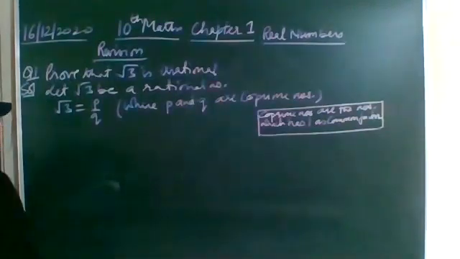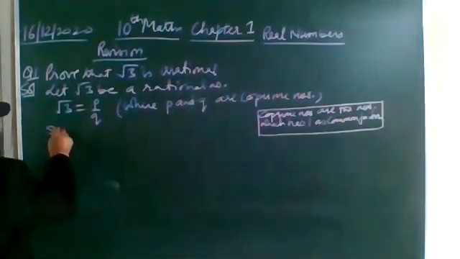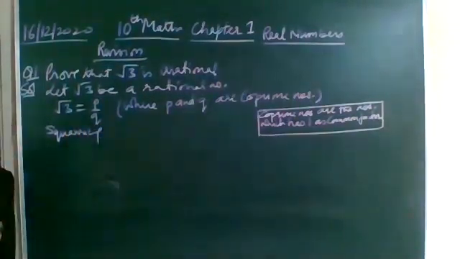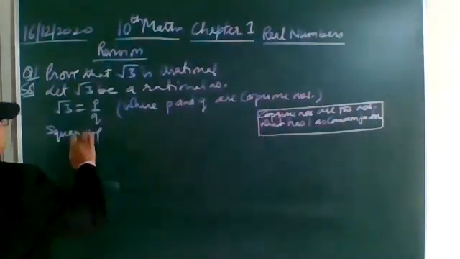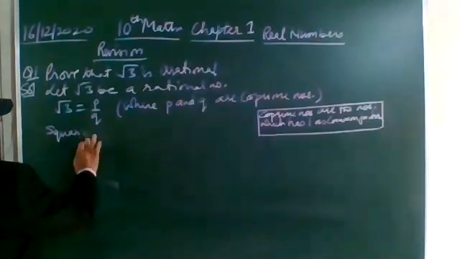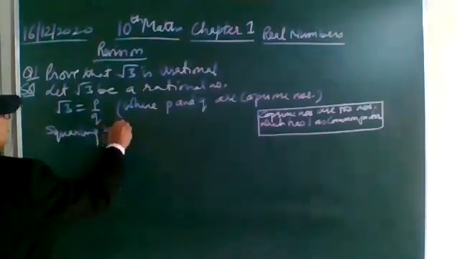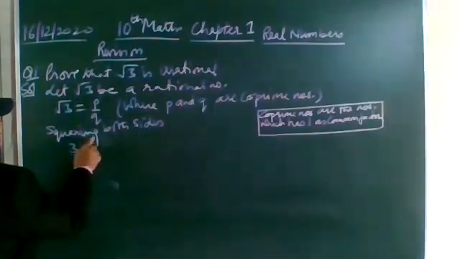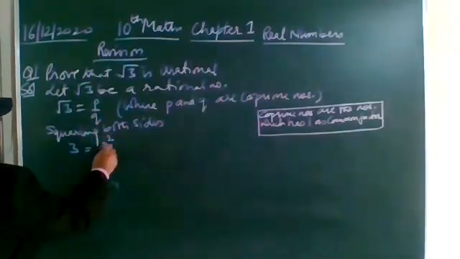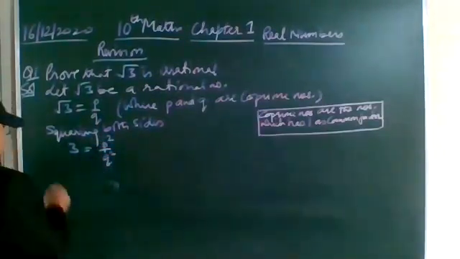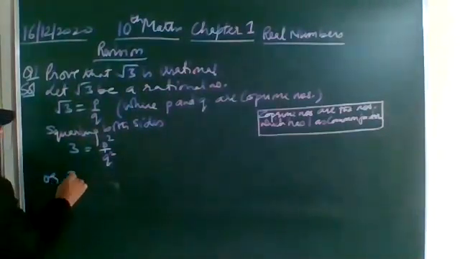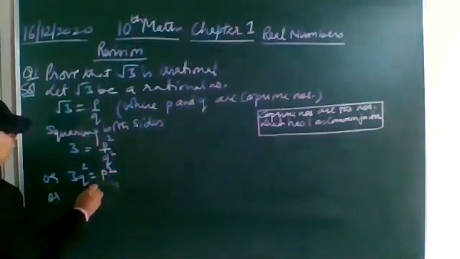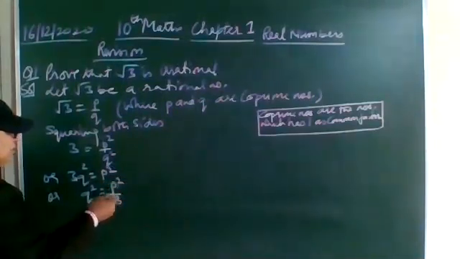Now this can be removed by squaring both the sides. Squaring both sides, what do we get? 3 equal to P square by Q square, or 3Q square equal to P square, or Q square equal to P square by 3.